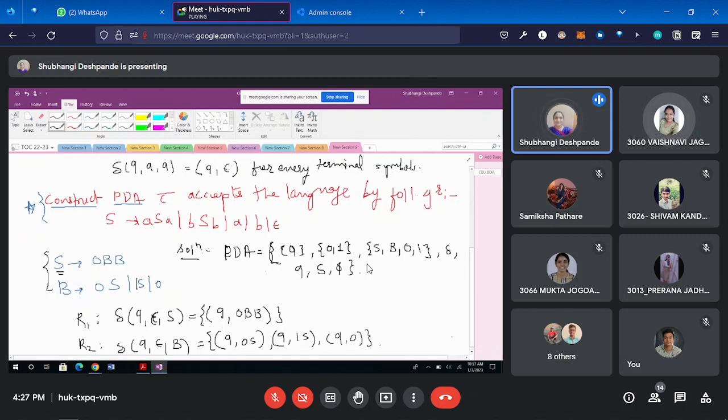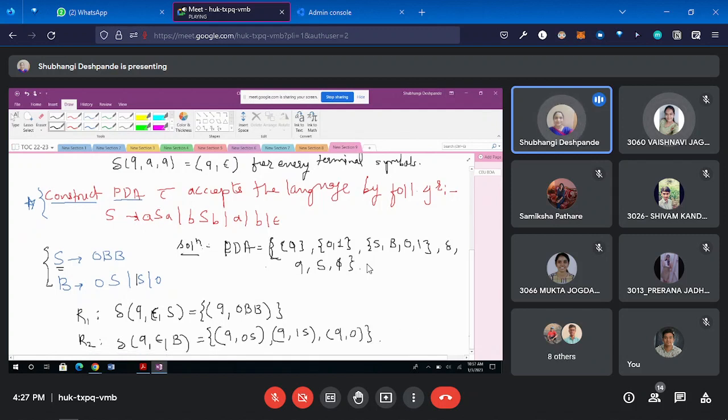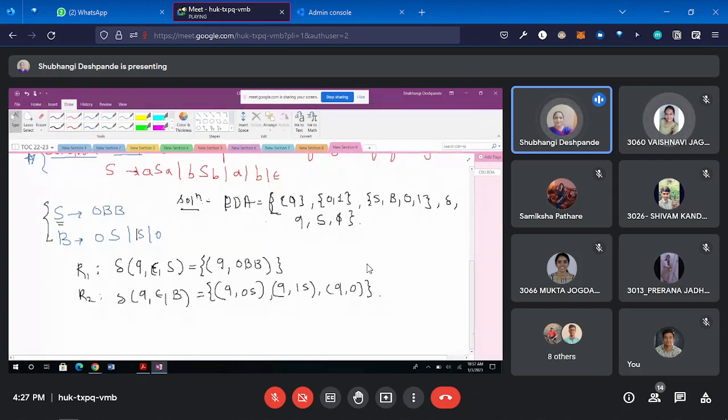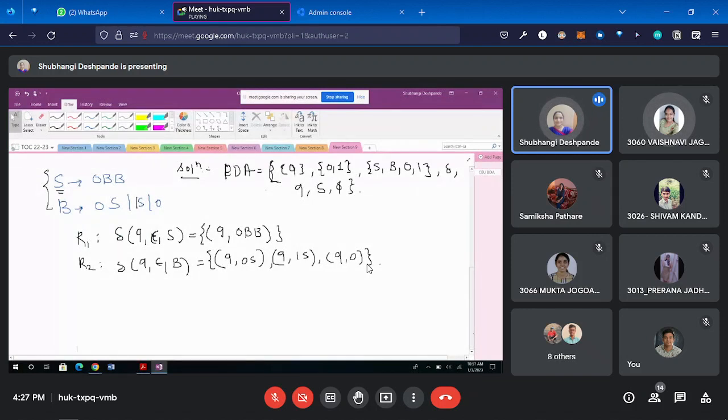These are the two non-terminals S and B. The next one is for the terminal symbols. What are the terminal symbols here? They are 0 and 1. For any terminal symbols, the rule is not given, so that will be R3 and R4. So there are two, 0 and 1.